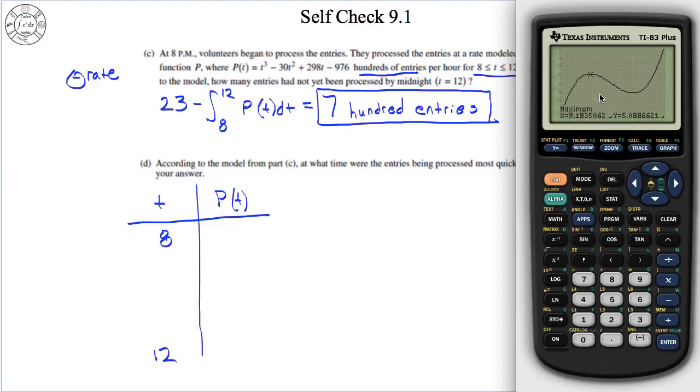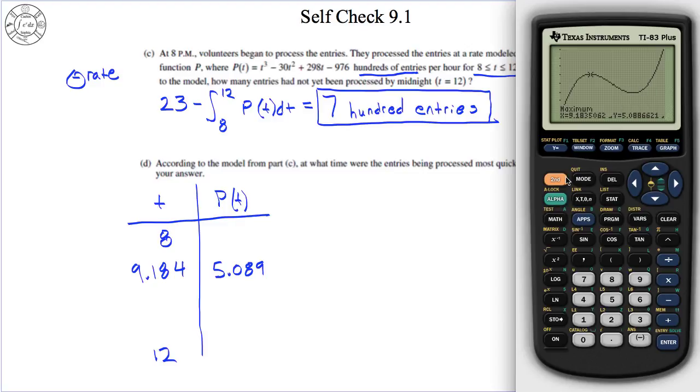And it says the maximum right there is at x equals 9.184. And oh, it tells us our y immediately. Let's just log our y, 5.089. And I guess I can find this one too, just to show you how this works.